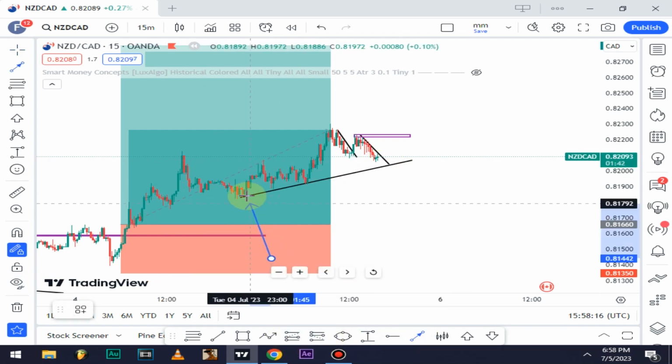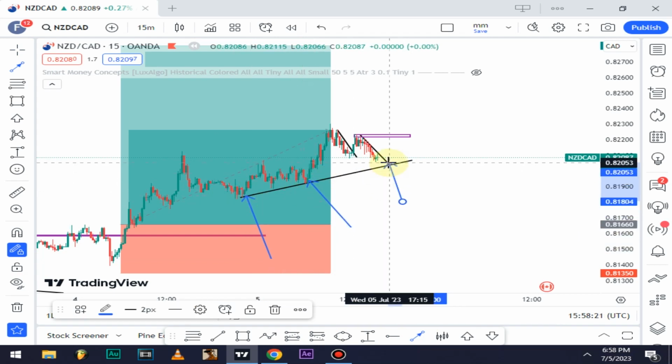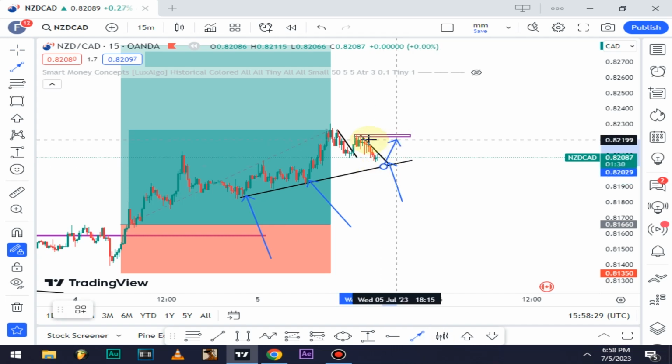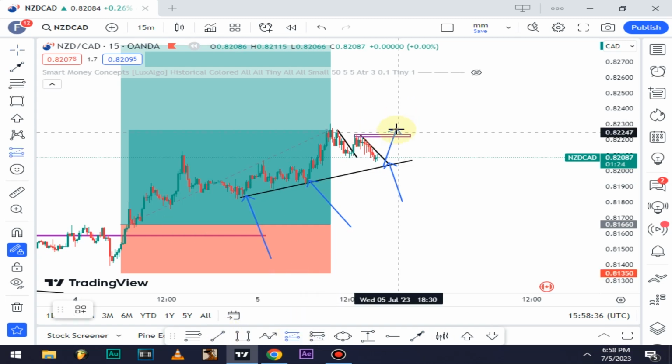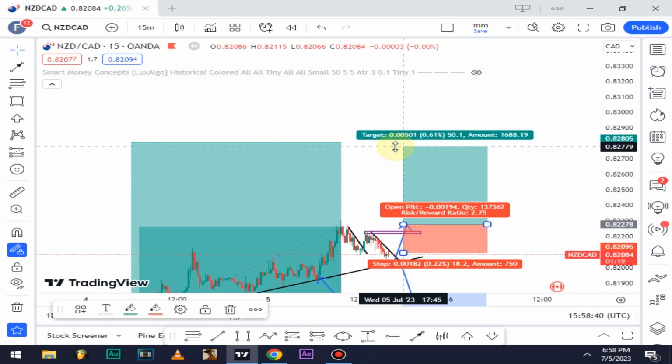We have the first touch, the second one, and now what I'm waiting for is the third one over here. When that happens, I should be waiting for a push to the upper side and then breaking this high over here. Then I should add another entry, now scaling in. Okay, guys, then all the way up, easy.